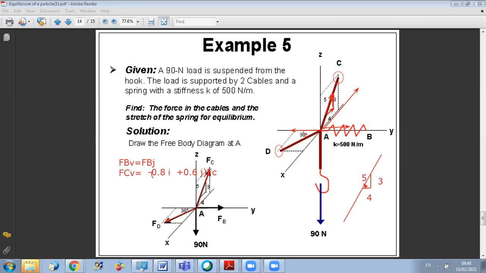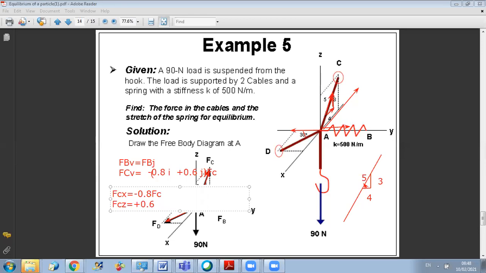Okay, it's the k vector. So I will write it here again. FC along X is equal to minus 0.8 FC magnitude, and FC along Z is equal to plus 0.6 FC. Okay.